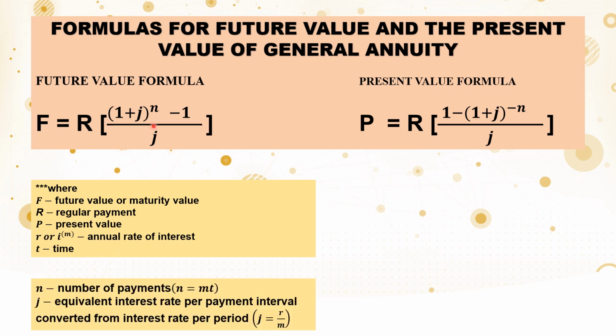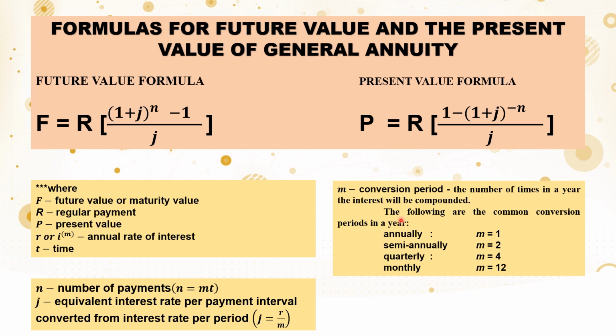Since in the formula we have N and J, N is the number of payments, where N is equal to the product of M and T. J is the equivalent interest rate per payment interval converted from the interest rate per period, where J is equal to I over M.